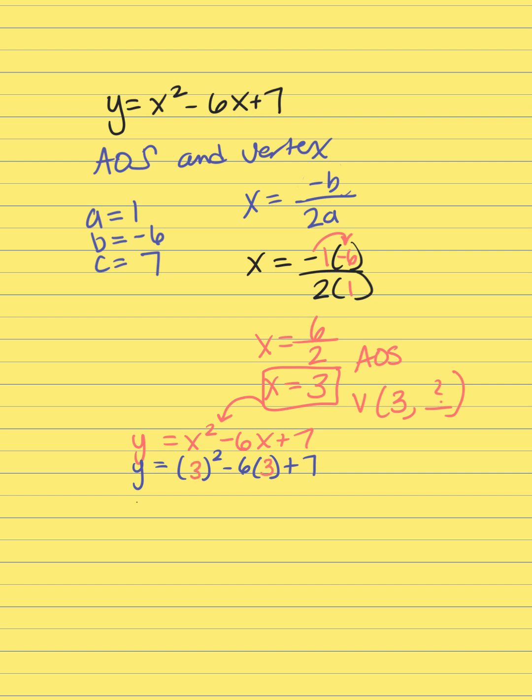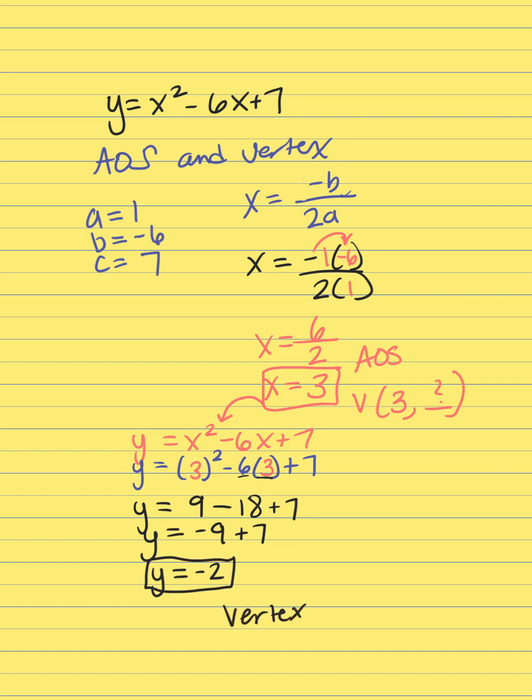So now we have y equals 3 squared, which is 9, minus 18, because 6 times 3 is 18, plus 7. Order of operations, y equals 9 minus 18, that's -9, plus 7. -9 plus 7 is -2. Okay, so my vertex is 3, -2. And that's it.